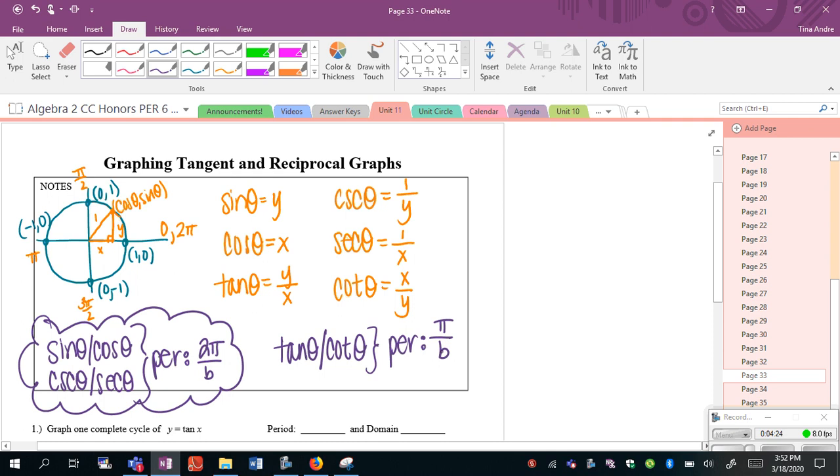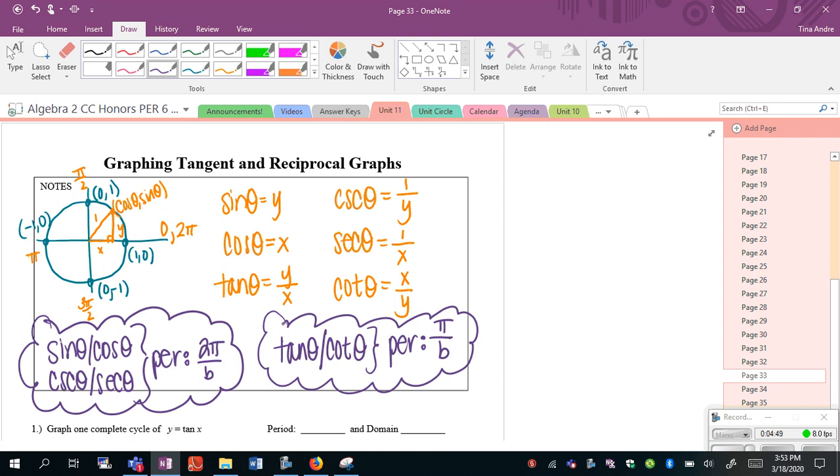For the parent function, the most basic function, it's just pi. The values for tangent start to repeat after pi. If we have a b value other than 1, you'd have to do pi divided by b. We're going to be looking at just the most basic versions of these, but if anything, you'll just have to calculate what the period would be. As long as you know these formulas, you'll be able to do that.